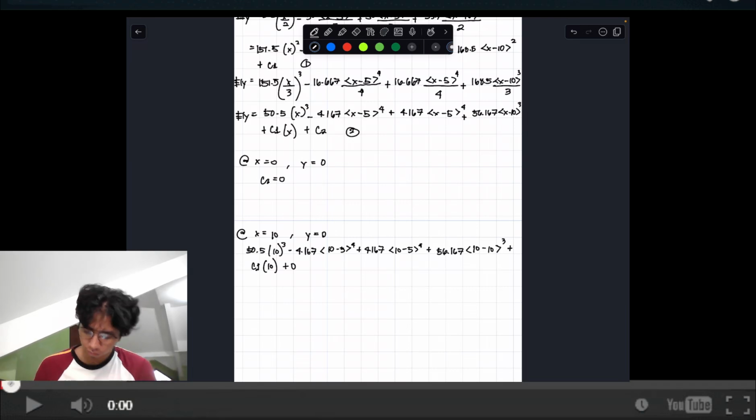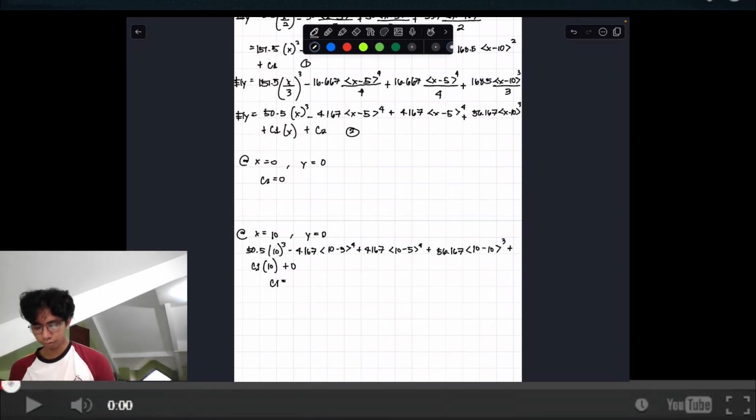So, our C1 is, solve natin. 50.5 multiplied by 10 raised to the power of 3. Mali.